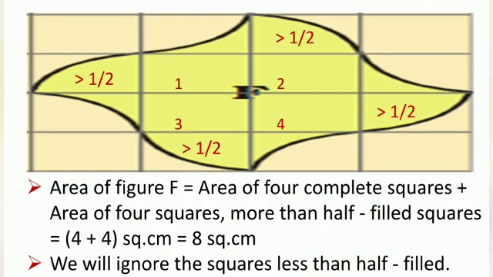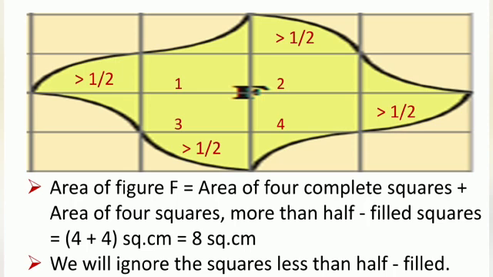Let us now calculate the area of figure F. The area of one complete square is 1 square centimeter. Therefore, area of figure F is equal to area of 4 complete squares plus area of 4 squares more than half filled squares.